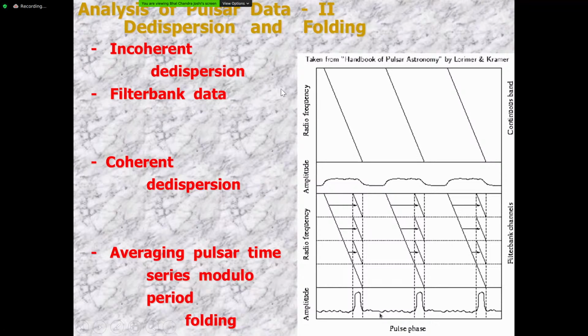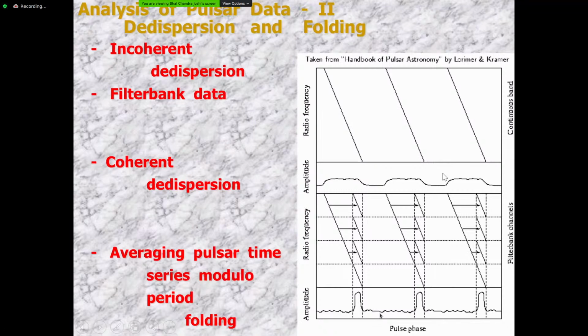We have already talked about two ways of doing this. In one way, you just take the filter bank powers, where the phase information is lost. That is called incoherent de-dispersion. Incoherent de-dispersion is very fast, but it has the problem that your time resolution is compromised to some extent because there is a residual dispersion smear.